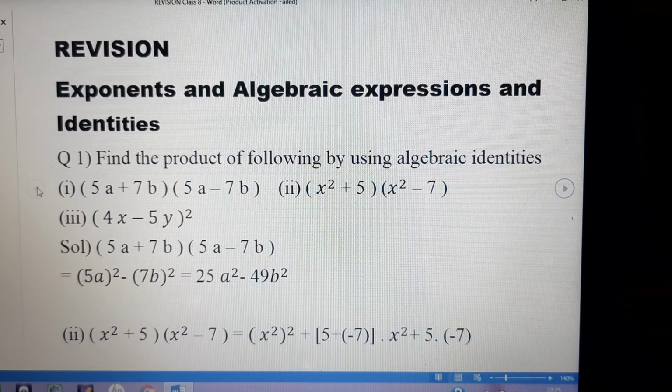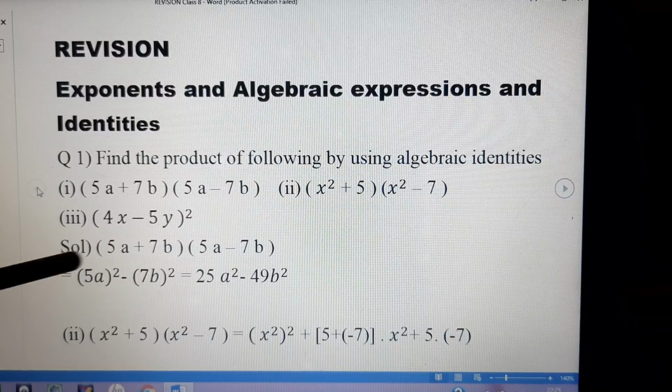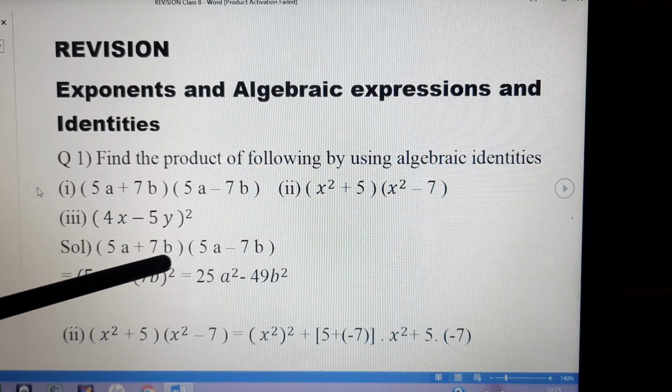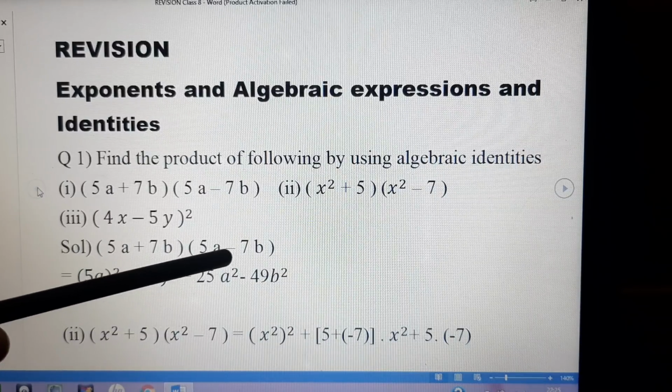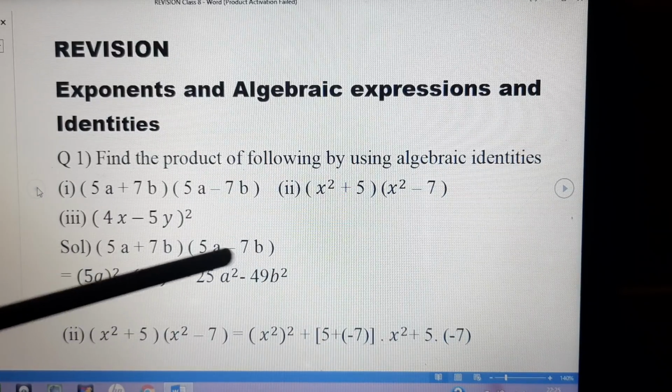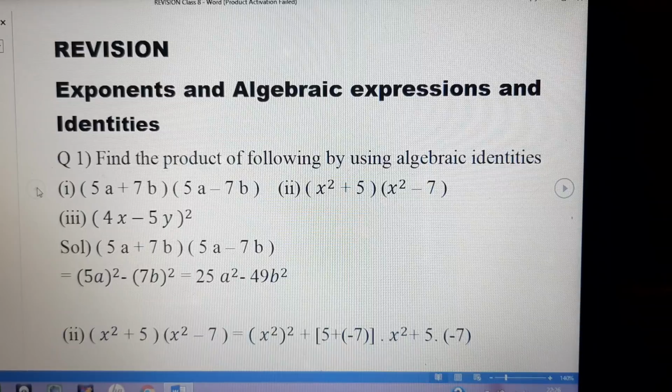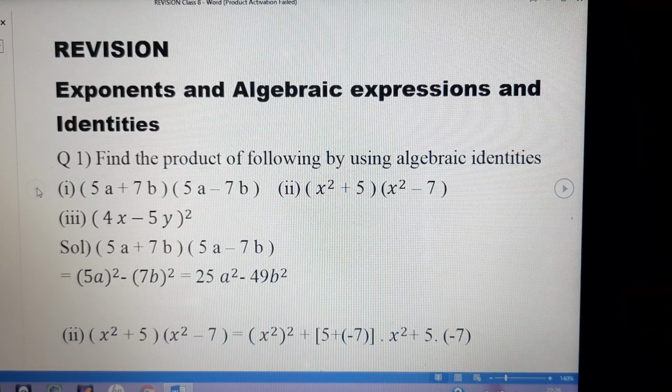You need to understand that b is 7b, it is not minus 7b, because in a plus b, b is replaced by 7b. In a minus b, the value of b is 7b. Clear? And on squaring, it becomes 25a square minus 49b square.